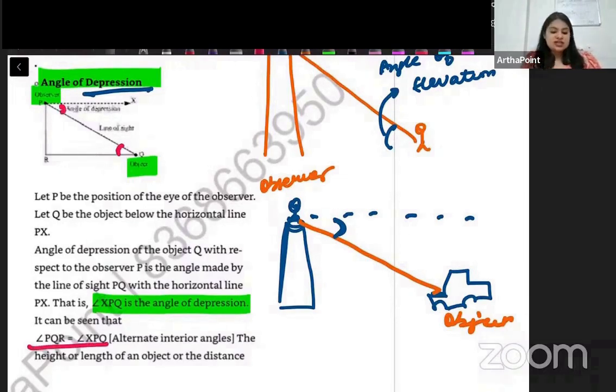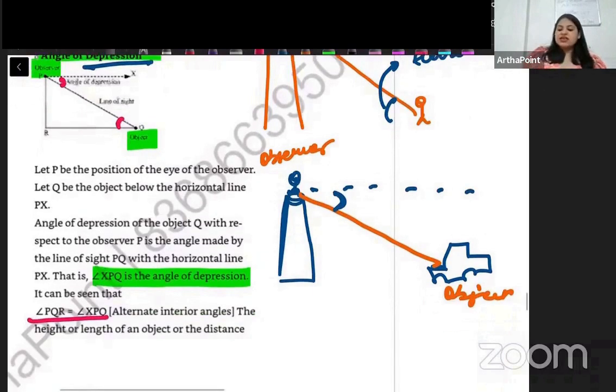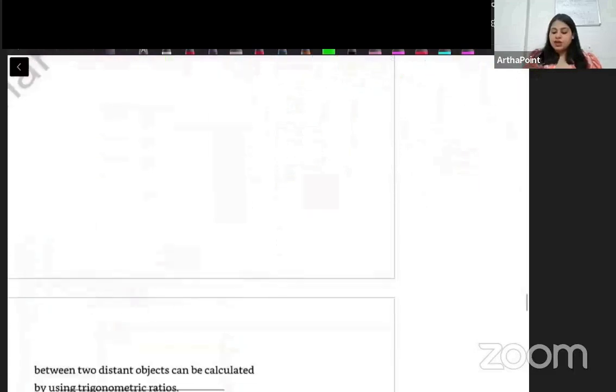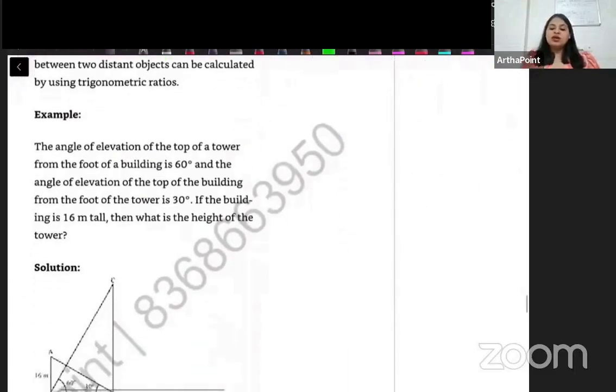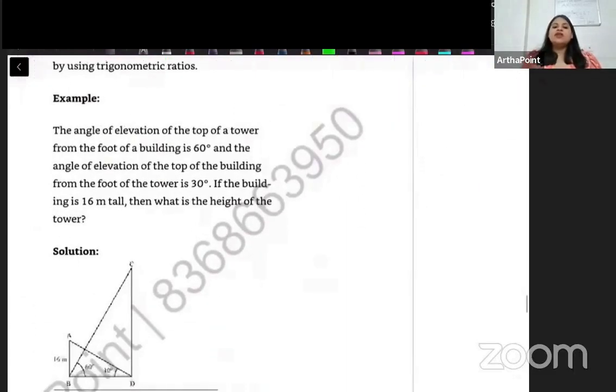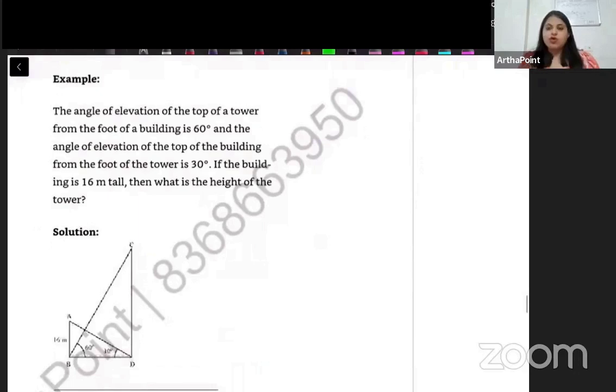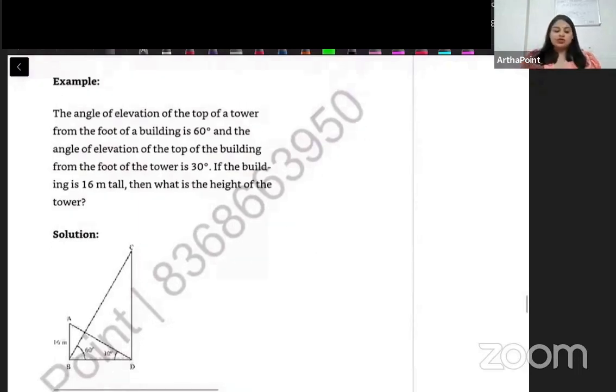And what is the reason that it states? It says that these are alternate interior angles, and we know that alternate interior angles are equal to each other. Okay, now let us see how trigonometry can be used to find the angle of elevation or depression. Take a question.